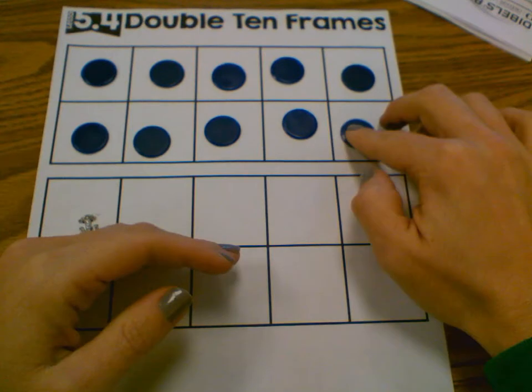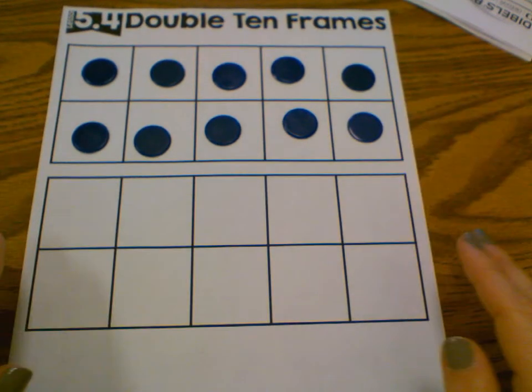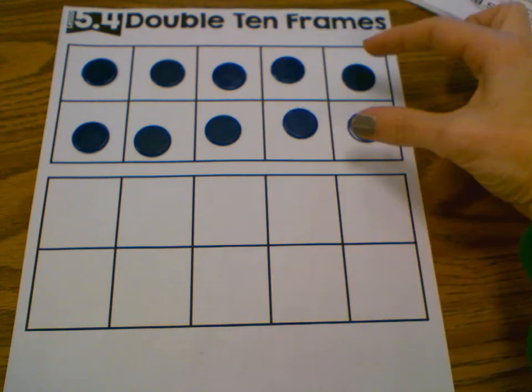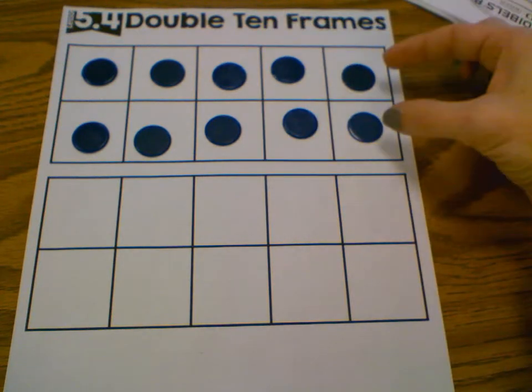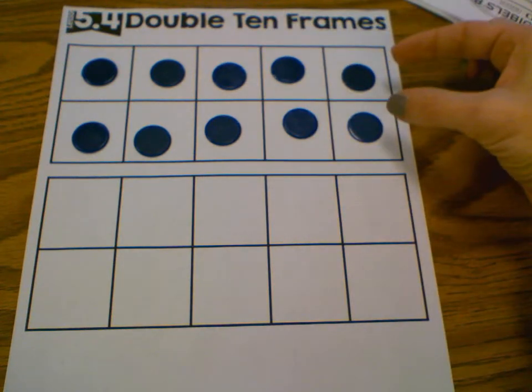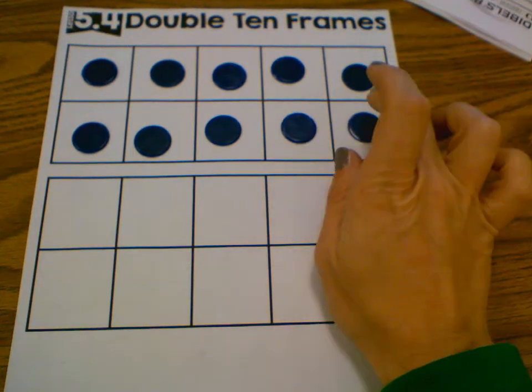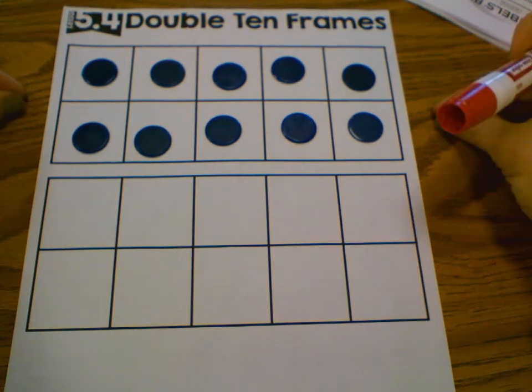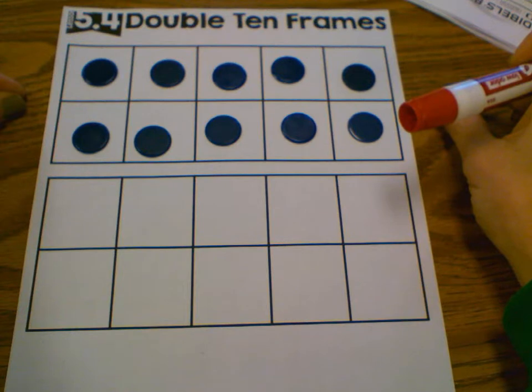Okay, because all of my squares are filled in the top 10 frame, this is representing the number 10, okay? Now listen, you're going to think of a 10 frame like you do when we were doing the base 10 blocks, it's kind of like a tens stick, okay? Look, there are 10 ones, but one 10 frame.